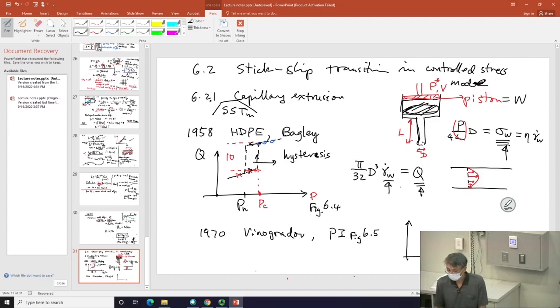I have been in contact with the younger colleagues of Vinogradov, trying to figure out exactly their terminology. Basically, they observe something similar. You have something that makes a transition. And they tend to call this a fluid to rubber transition, which is very confusing terminology, and in fact is entirely misleading.